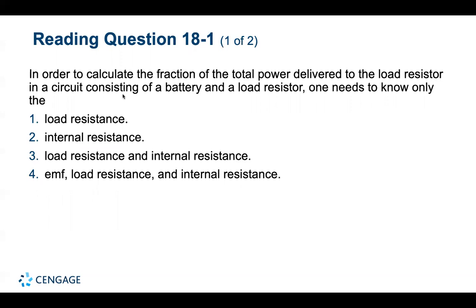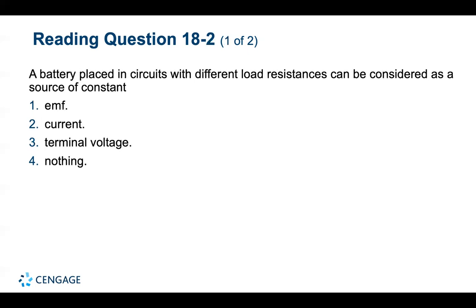So the first one: in order to calculate the fraction of the total power delivered to the load resistor in a circuit consisting of a battery and a load resistor, one needs to know only, and the answer is, the load resistance and the internal resistance. We'll get into that in a little bit more detail here.